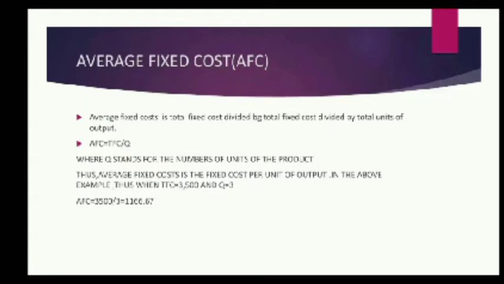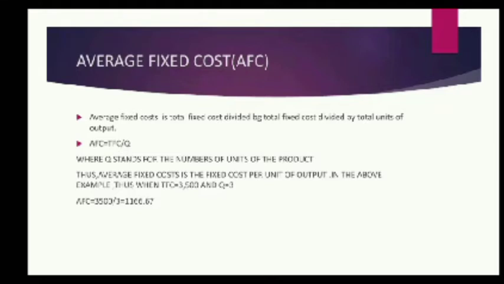Average fixed cost, or AFC. Average fixed cost is total fixed cost divided by total units of output. AFC = TFC divided by Q, where Q stands for the number of units of the product.